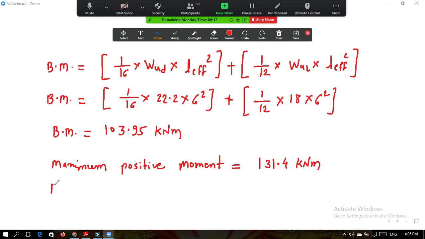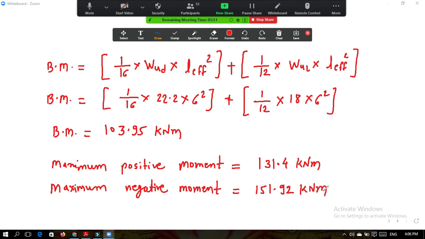And maximum negative moment is 151 point, what is the value? 92 kilonewton meter. Okay, so these are the maximum positive values and maximum negative values of bending moment.